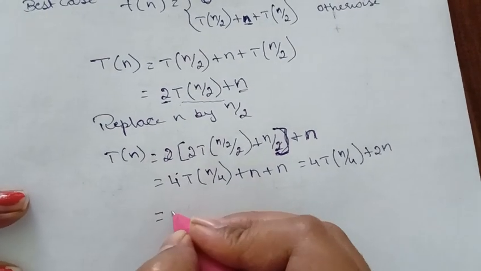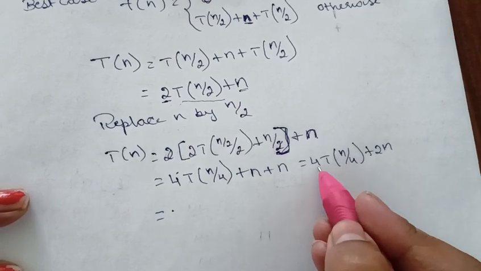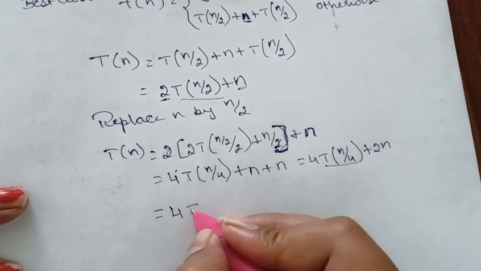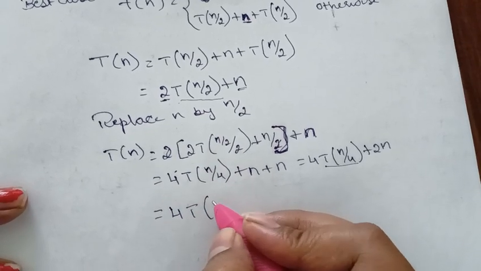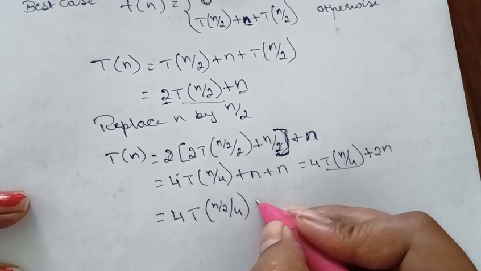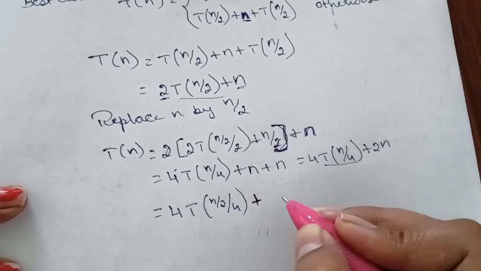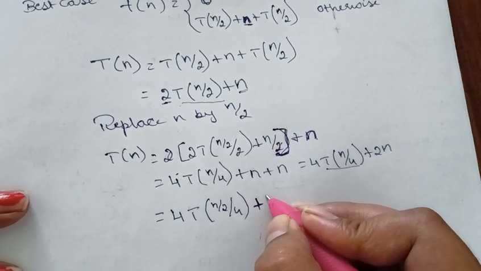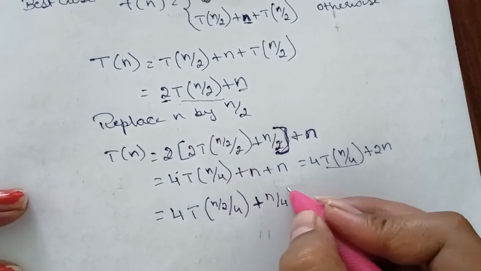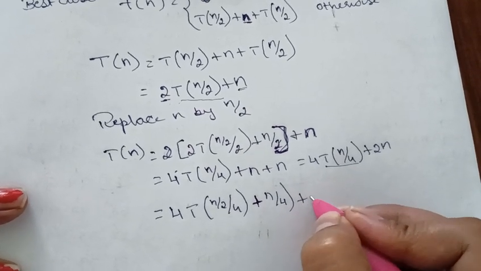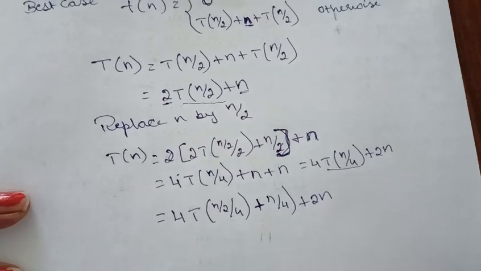Again, replace n by 2. 4 is the constant. This is the function, T of n by 2 by 4 plus n divided by 4 plus 2n.